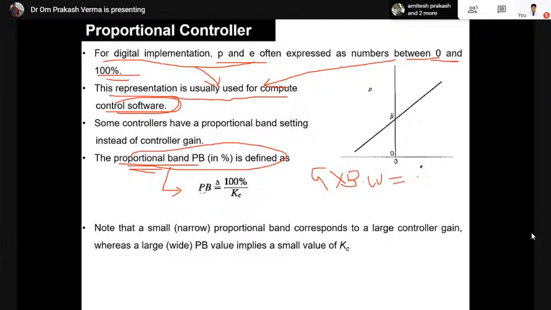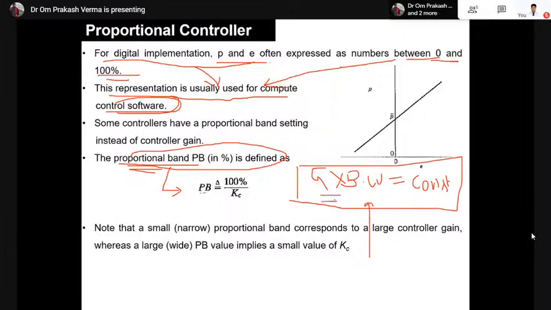In electronics or electrical science, you must remember this formula. If you don't know, then just remember this one: gain into bandwidth product is always a constant. If bandwidth increases, then gain will decrease, and if gain increases, then bandwidth will decrease accordingly.